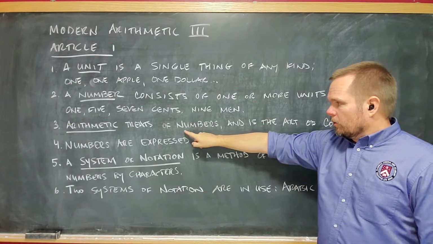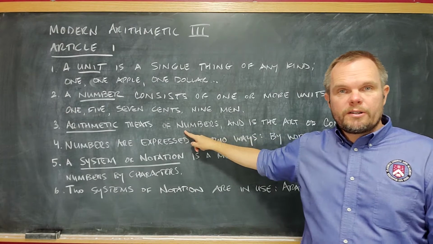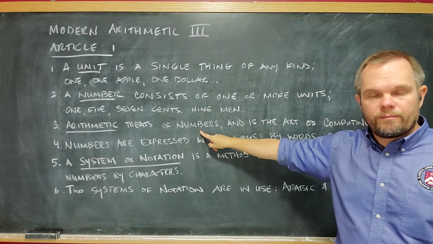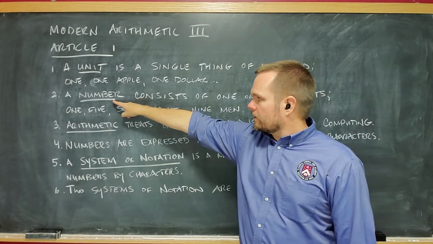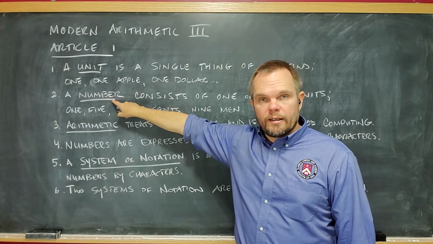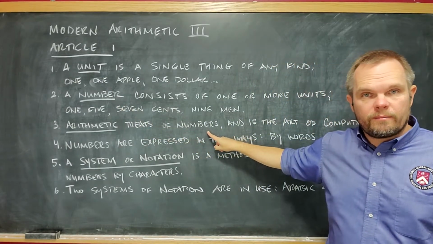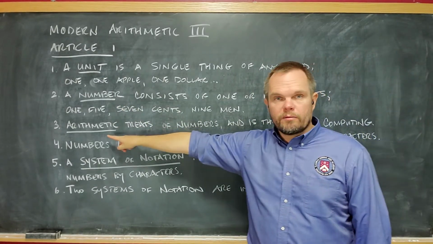Again, you can't learn the definition of arithmetic if you don't know what numbers are. We learned what a number is in definition 2. Now that we know what that word means, we can use it in the definition of arithmetic.